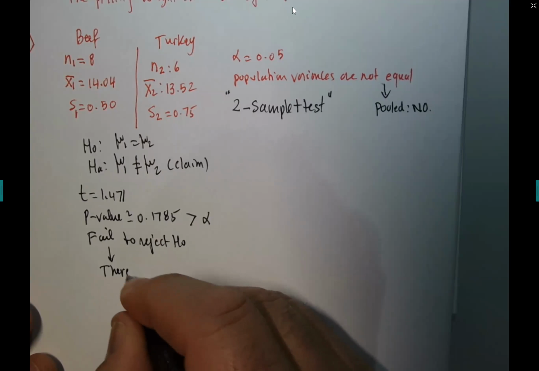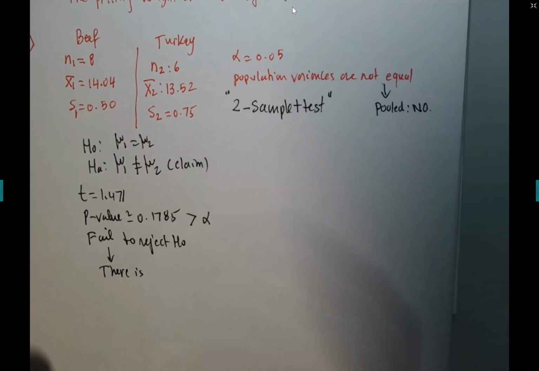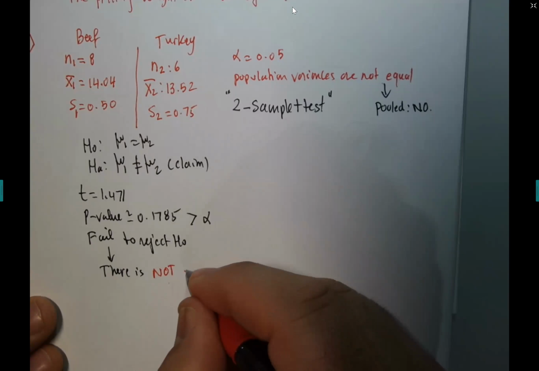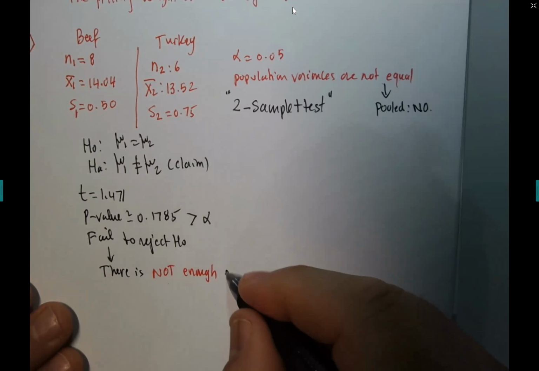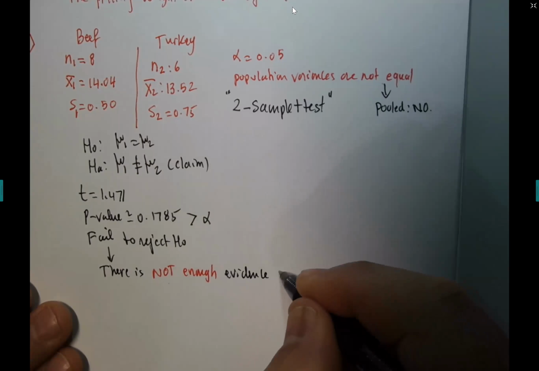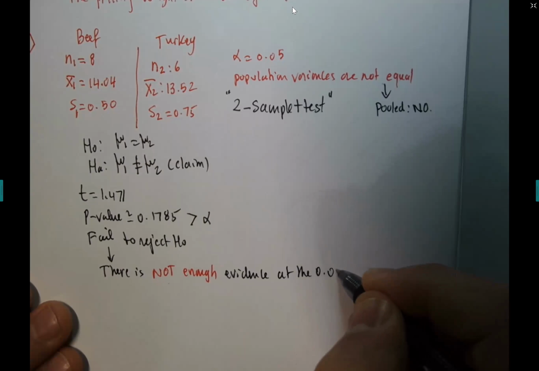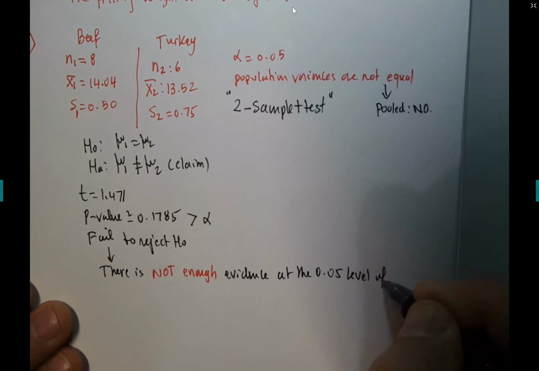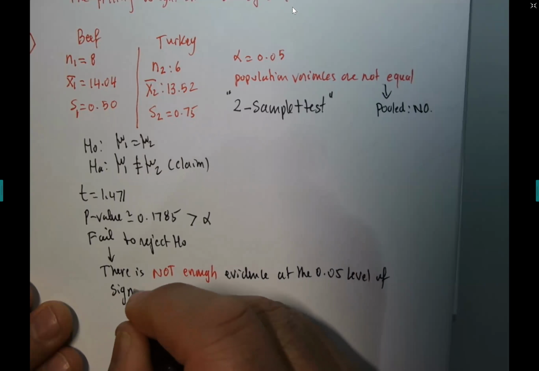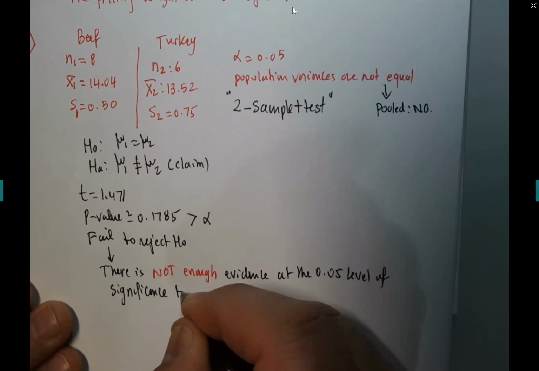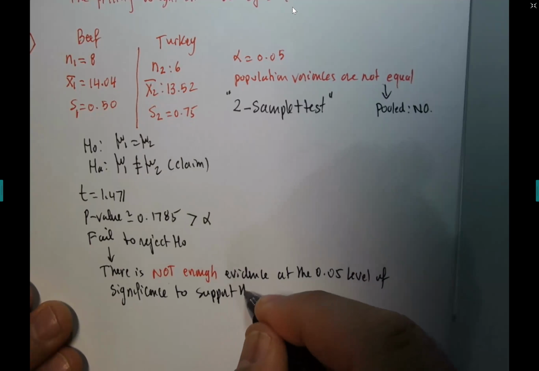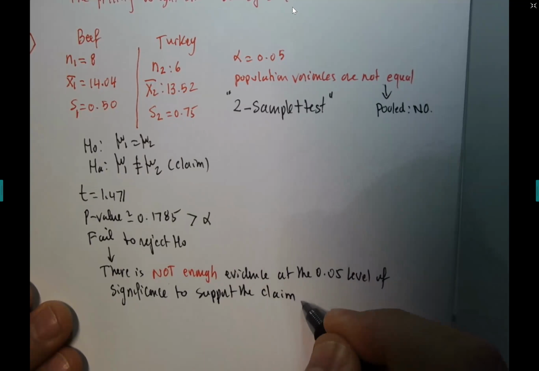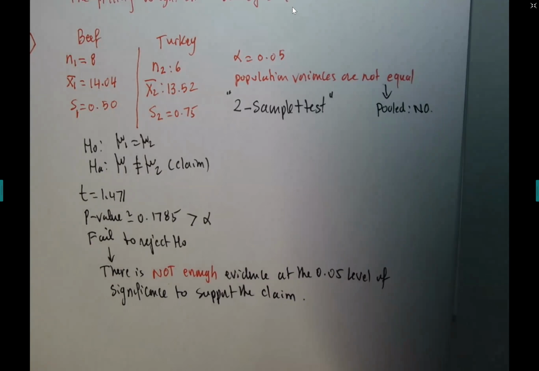We start with: there is not enough evidence at the 0.05 level of significance to support the claim that the two means are different, that there is a difference in the means.